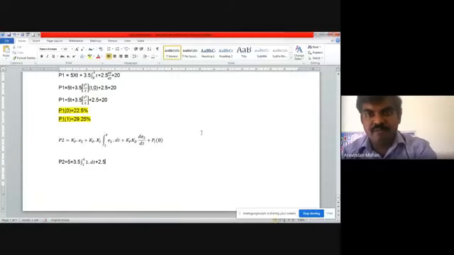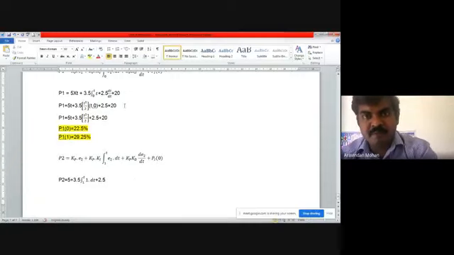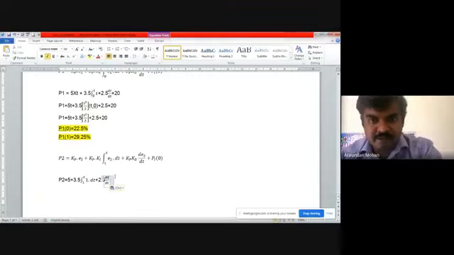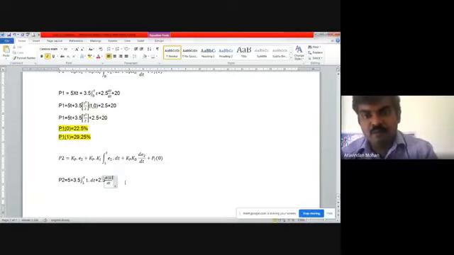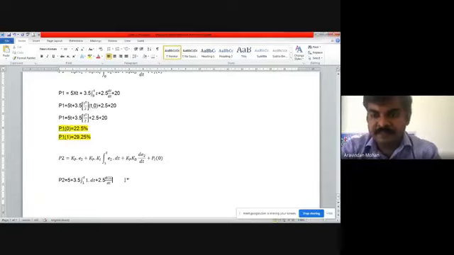into d by dt of how much? Here the E2 value is equal to 1, so d by dt of 1, plus what is Pi of 0 value here?